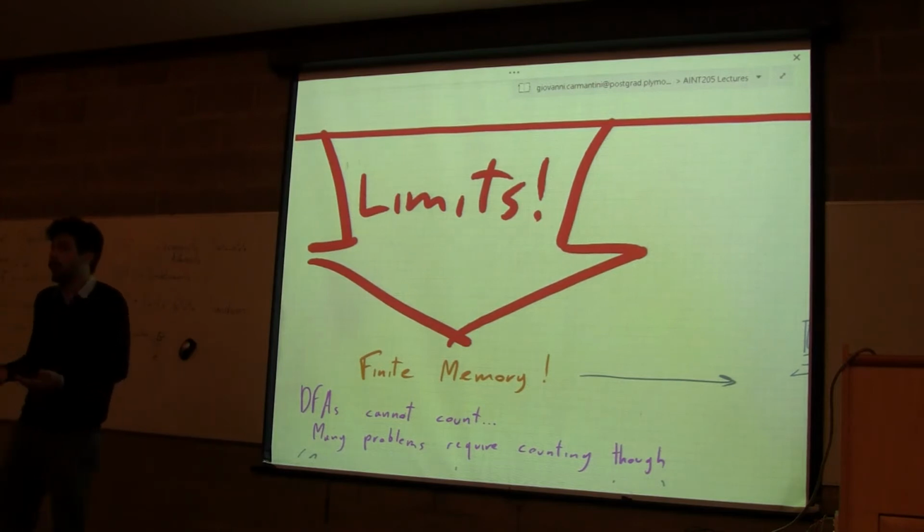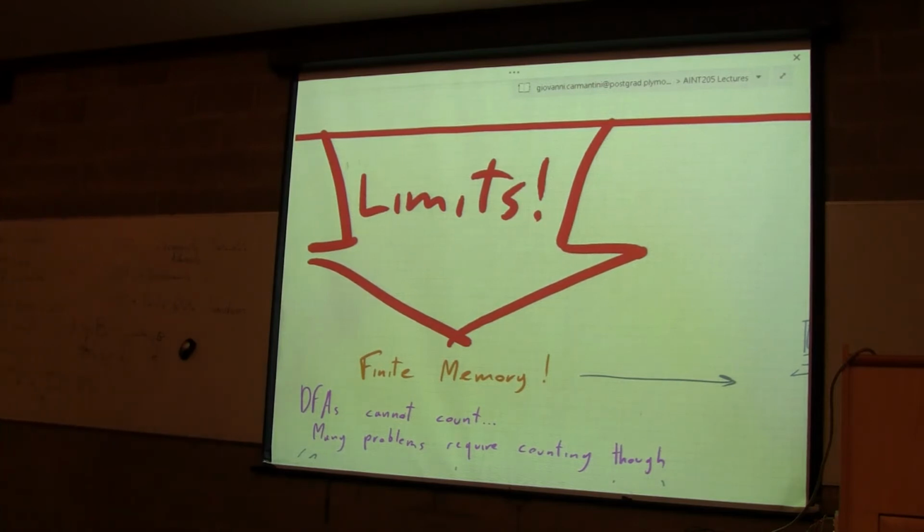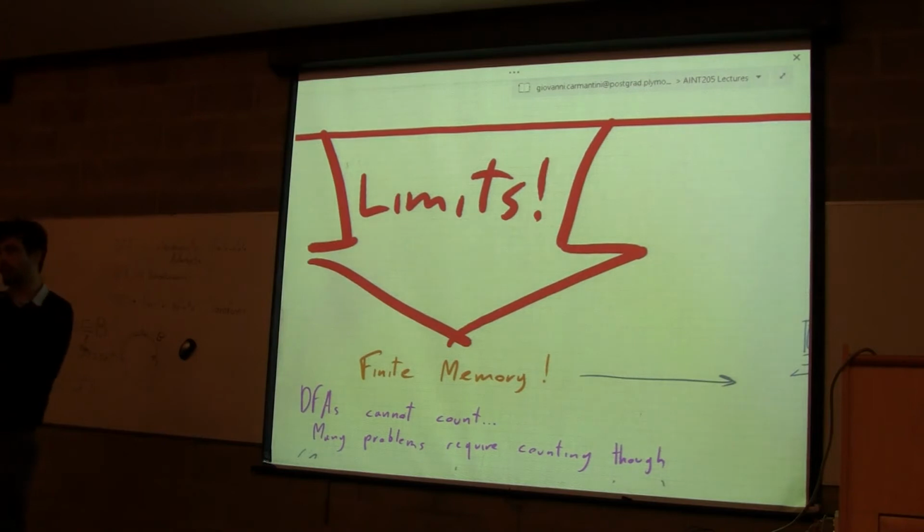But it turns out that some problems you cannot solve with just a finite amount of memory. Meaning that, for example, I cannot give you a finite state machine which can balance parentheses in some code, okay? It seems like a very simple problem.